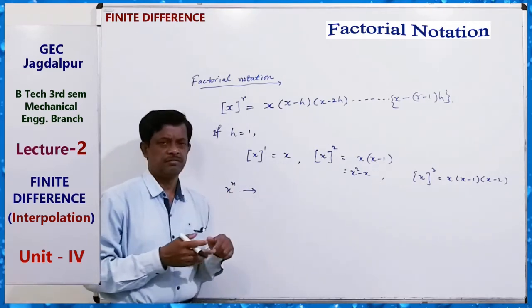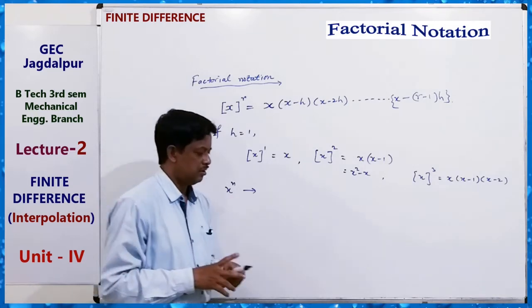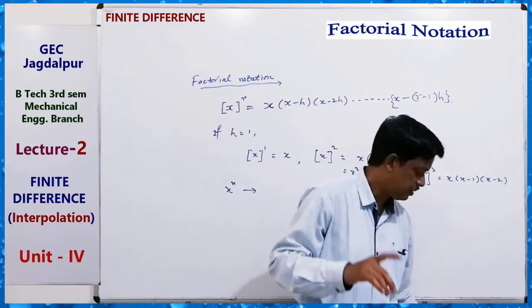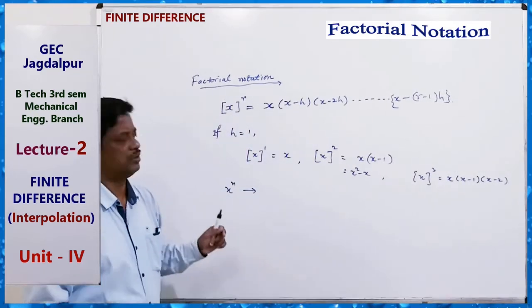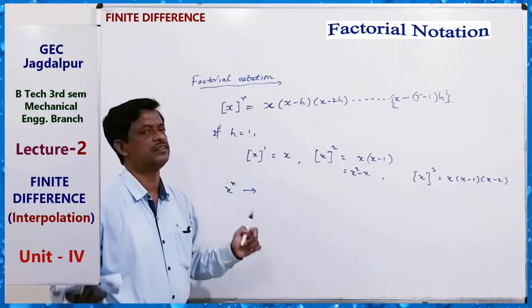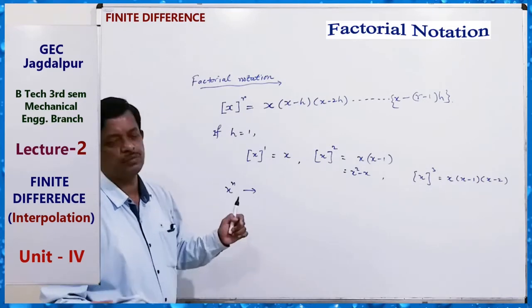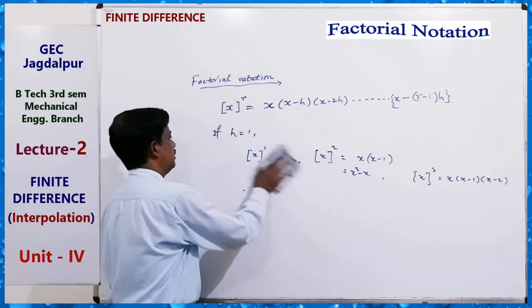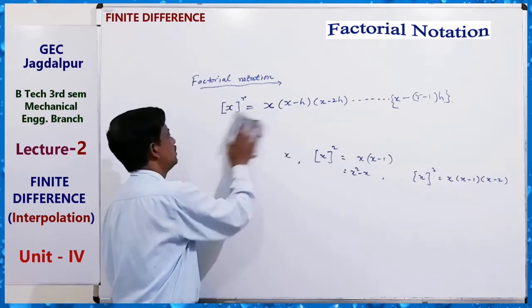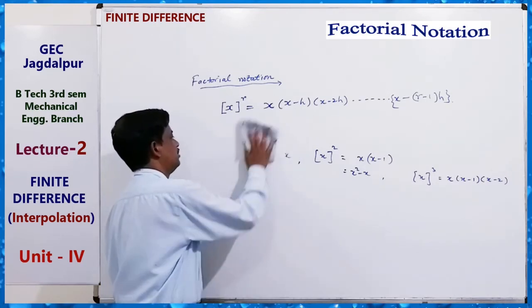There are two to three techniques. Just remember that every simple polynomial of nth degree can be expressed as a factorial polynomial, and for that we can use a process.